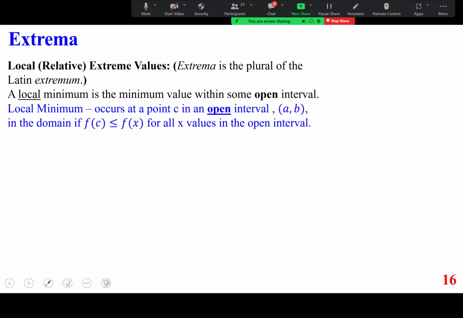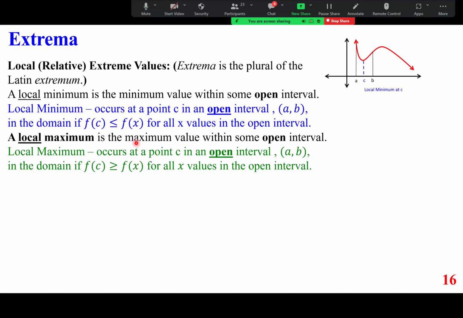Reminding you of extreme or local or relative extreme values, the plural of the Latin extremum. A local minimum is the minimum value within some open interval. A local minimum occurs at a point c in an open interval of a to b in the domain where f of c is less than or equal to f of x for all x values in the open interval.